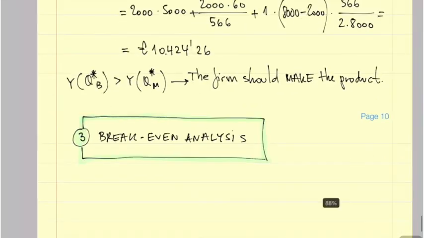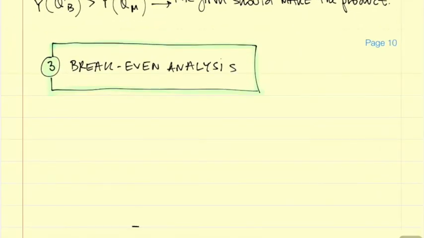When we perform a break-even analysis, what we do is we plot the quantity, Q, and we plot the amount of sales, the euro sales, and then we have a curve.